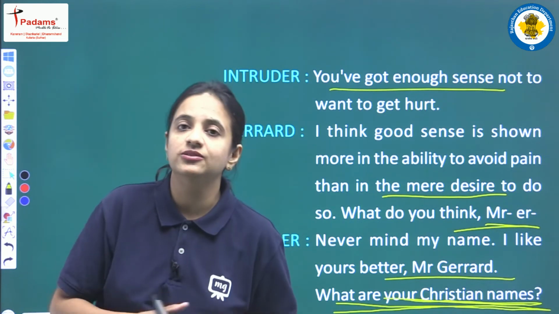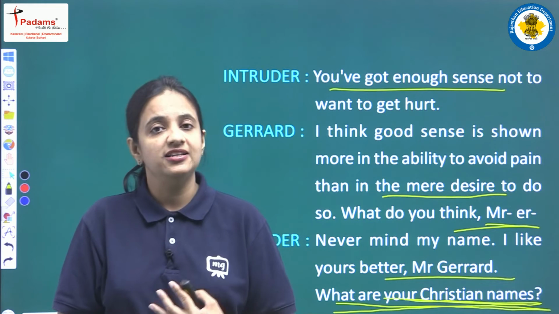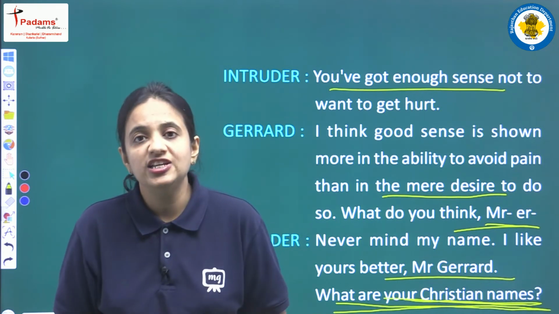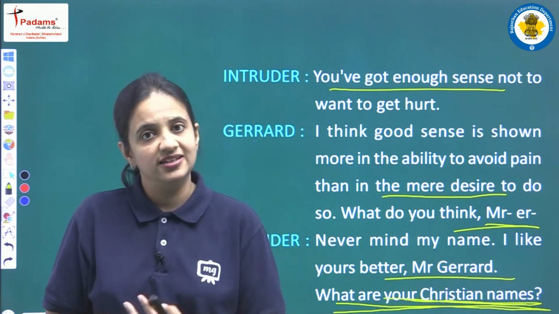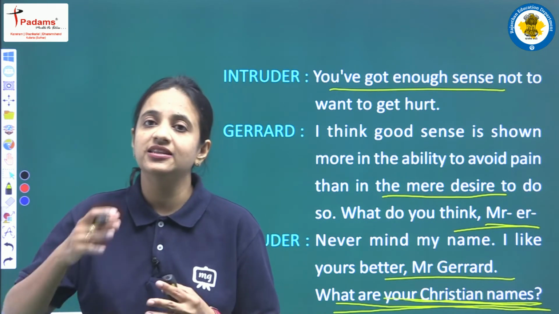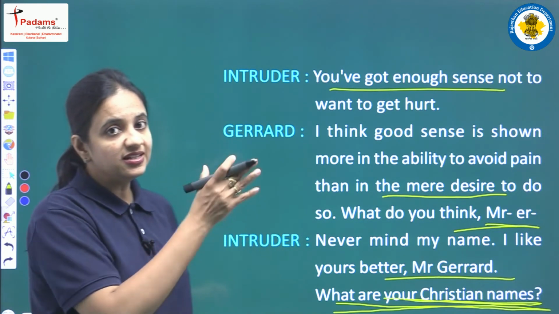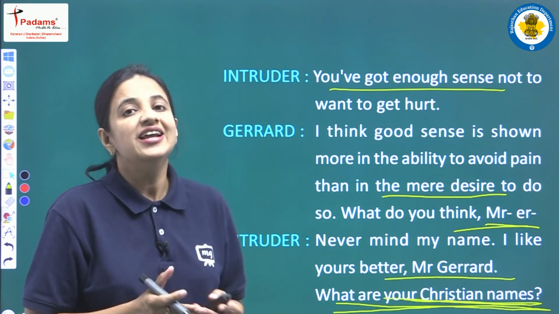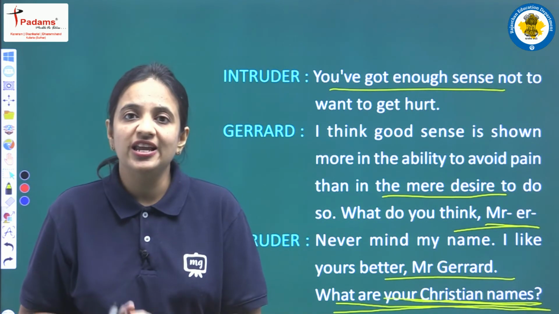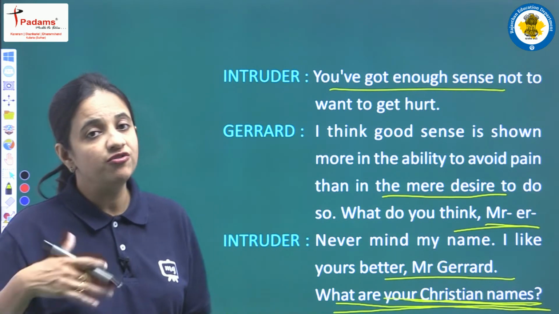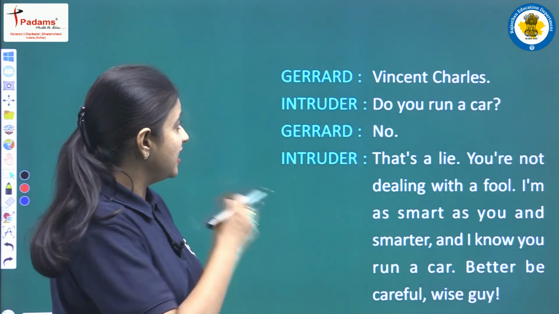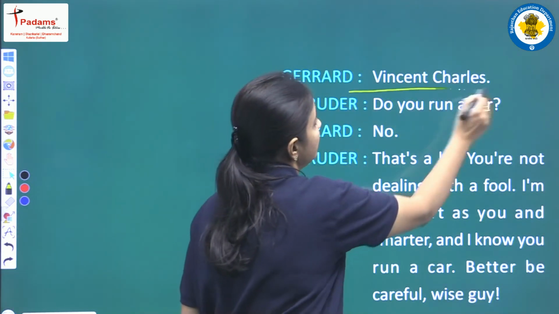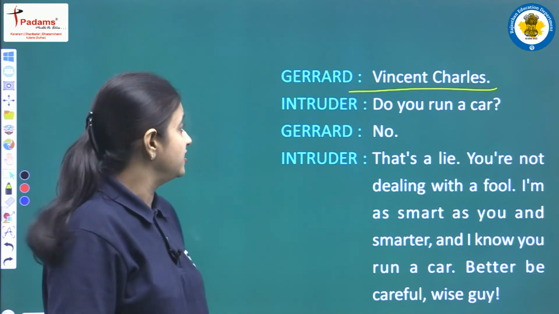There is a custom known as baptism, so each and every child is baptized in the church and given a name, known as the Christian name. So the intruder asks what the Christian name of Gerald is, and Gerald answers that his Christian name is Vincent Charles.